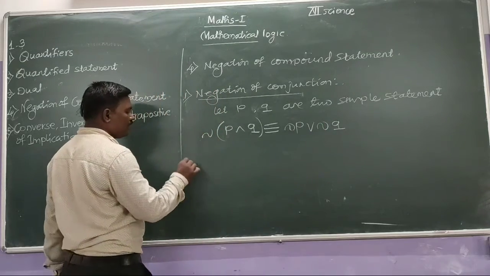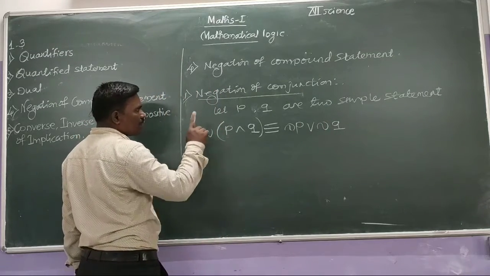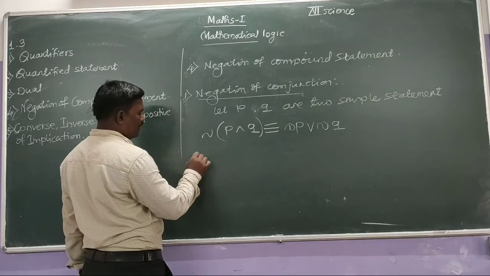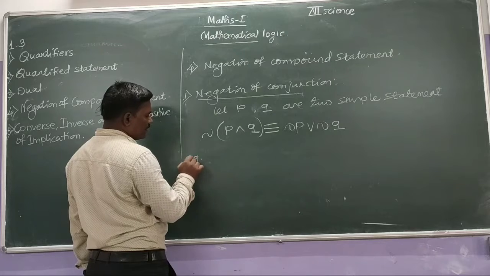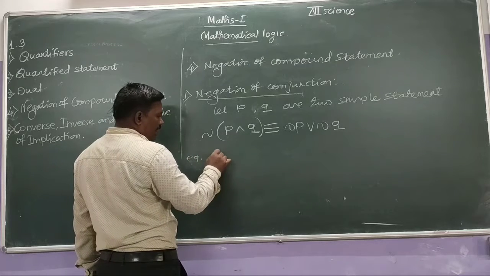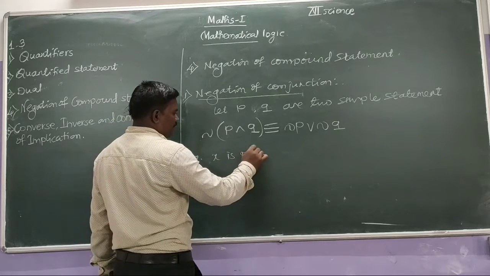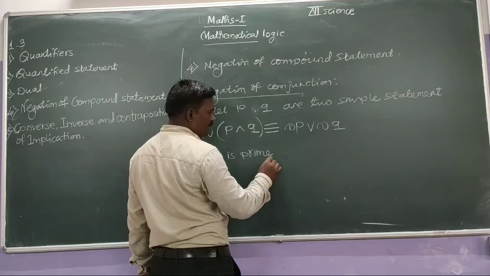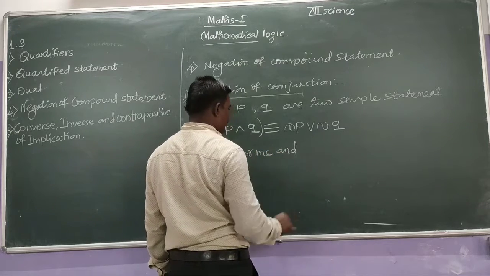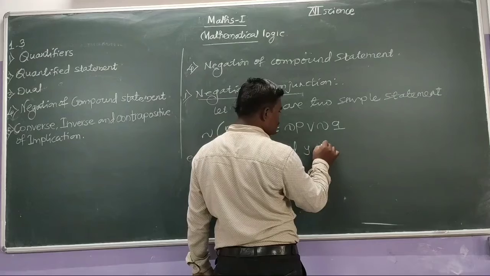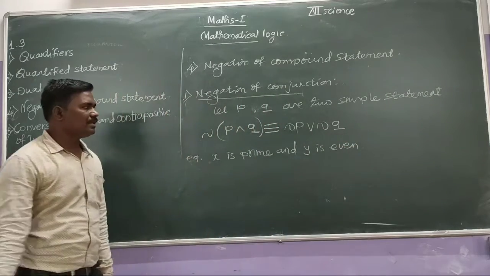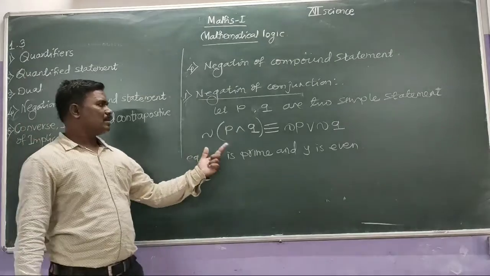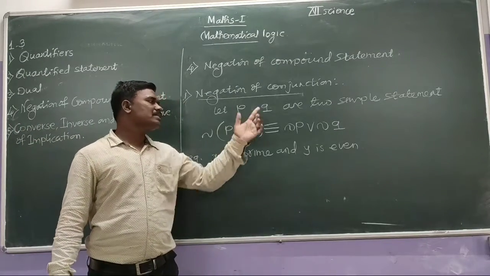For example, suppose the statement is X is prime and Y is even. Suppose this is the compound statement, that is the conjunction.